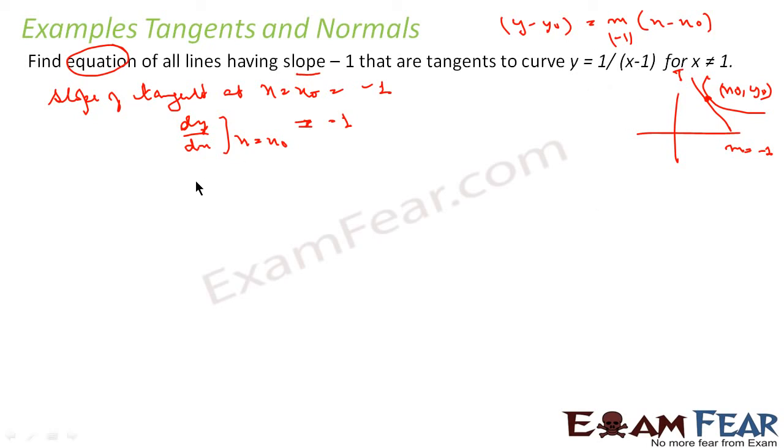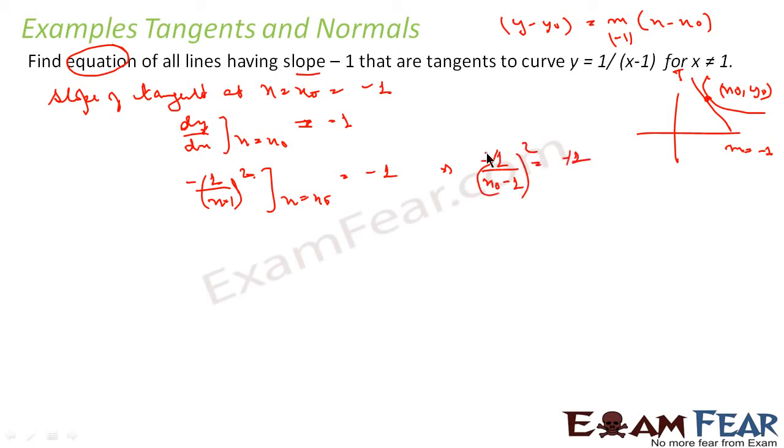My dy by dx will be nothing but -1 by (x minus 1) square. Correct? And if you put now x is equal to x naught, this is equal to -1, or this is nothing but -1 by (x naught minus 1) square is equal to -1. Correct? This is square actually.